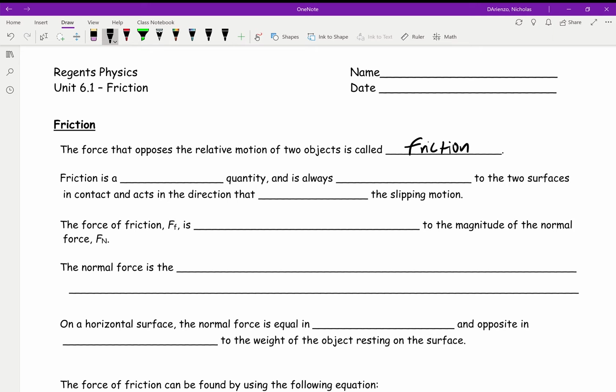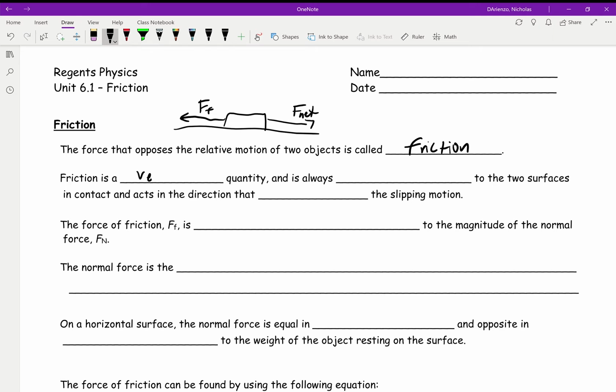If we think about a box moving along the floor, or it's moving on a slightly wavy hill here, if this box has some kind of net force pulling it in some direction, friction is always going to oppose the relative motion. So the friction force is going to be opposing our net force.